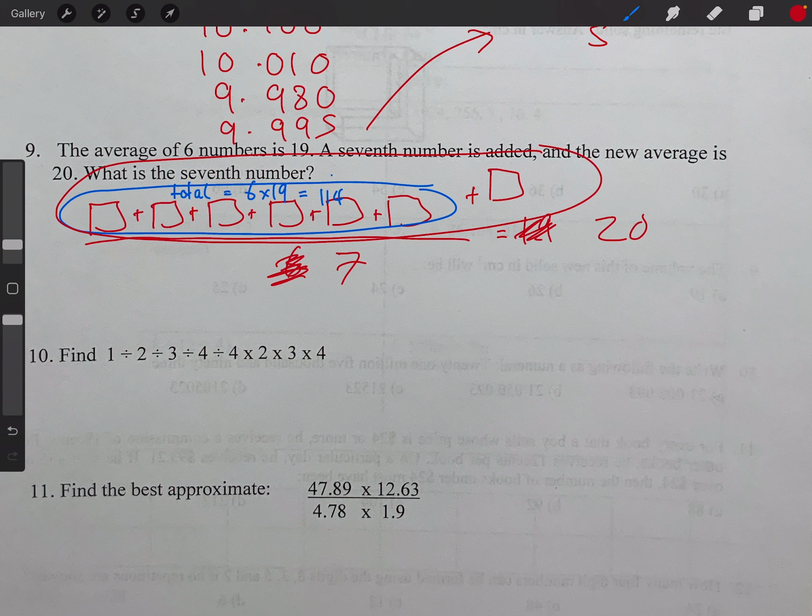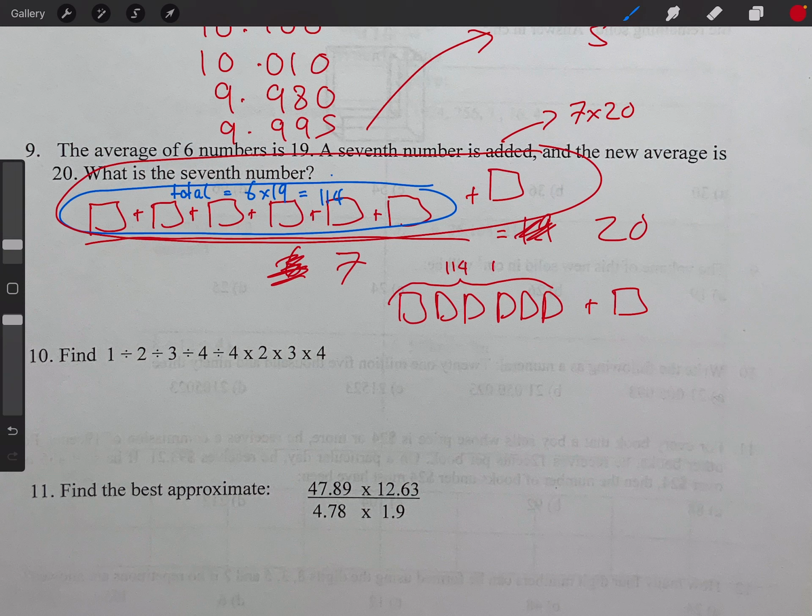Well, the total will be 7 times 20. And that will be 140. So you got 6 numbers, 1, 2, 3, 4, 5, 6. These numbers add up to 114. Now if you add a 7th number, you add one more number, and that gives you 140. Right, so what's the 7th number? So 114 plus the 7th number equals 140. What's that number? Work it out.